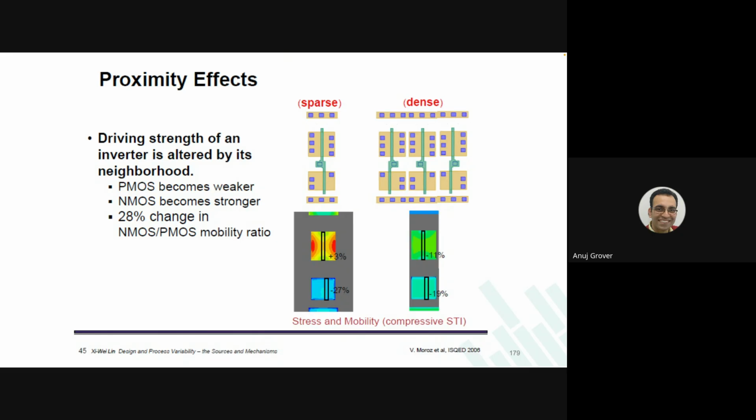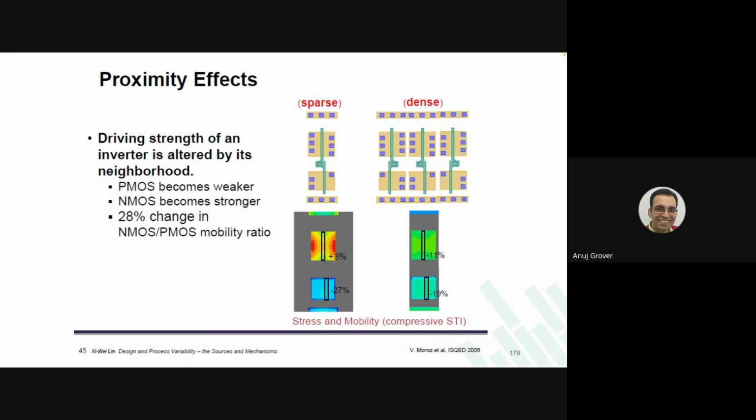Do you remember the layout of the memory cell that we were looking at? In the memory cell layout, we have a continuous active which goes something like this. Here is a pass gate, pull downs.